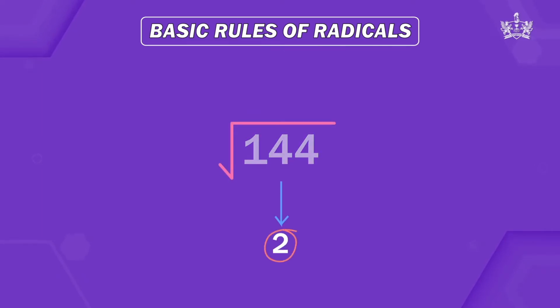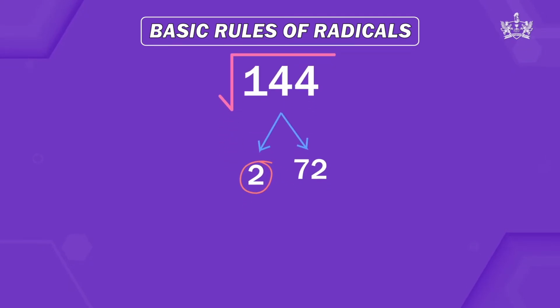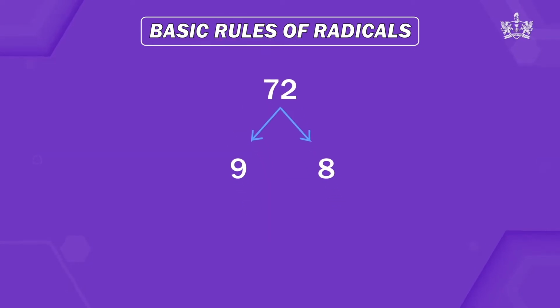So let's divide 144 by 2, we get 72. Then we know that 72 is just 9 times 8. Next, we can prime factor the 9 with 3 times 3, and we can prime factor the 8 with 2 times 2 times 2. Now we have prime factored all of 144.